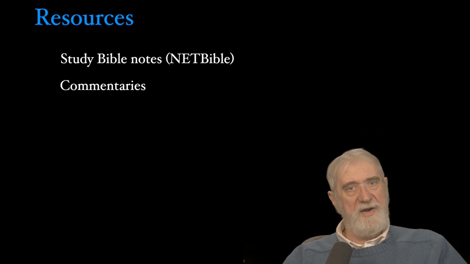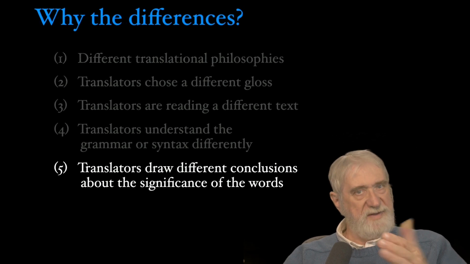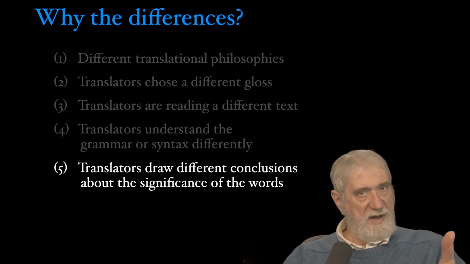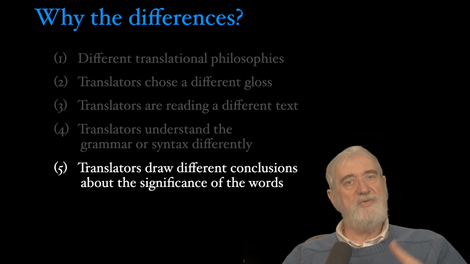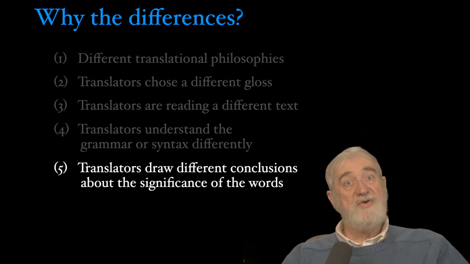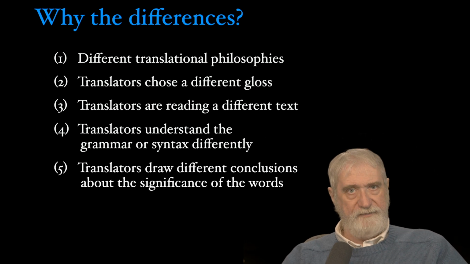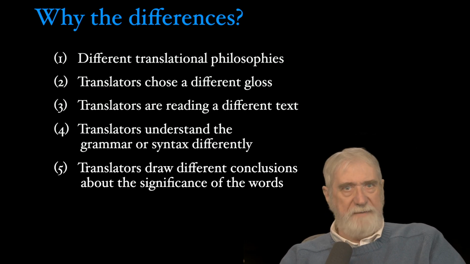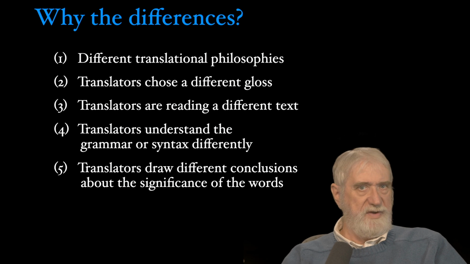The important thing is to understand that these kinds of differences arise when translators come to different conclusions about the significance of the words. So as you study a translation, you want to read it with these five things in mind.